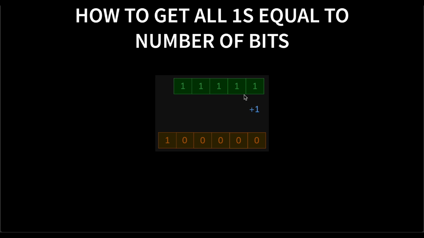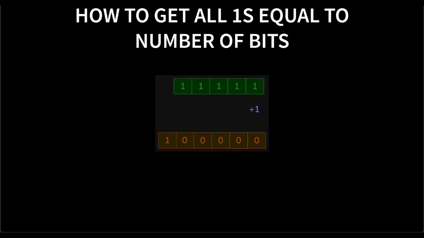So to get all the ones of size 5, we have to do 2 to the power of 5 minus 1. So basically we have to get the number of bits in the number and then get all the ones by 2 to the power of number of bits minus 1. And then from this number we can subtract the original number and we will get the complement.